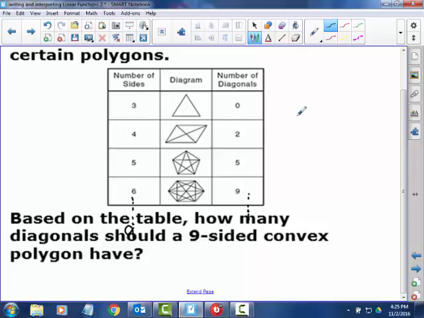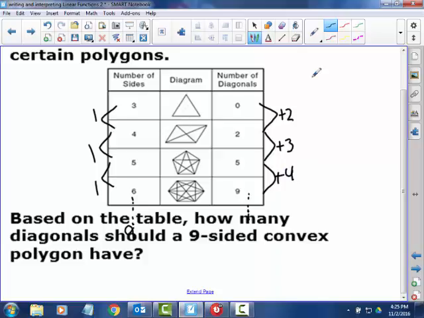Okay. Well, let's see. Here we went up 1, and here we went up 1, and here we went up 1. So it looks like my pattern's increasing by 1, the number of sides. So let's see what's happening here. We increased by 2, and here we increased by 3, and here we increased by 4.